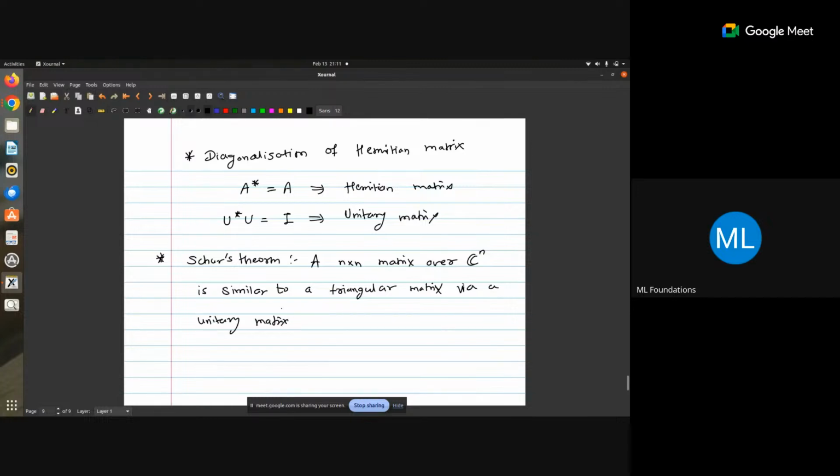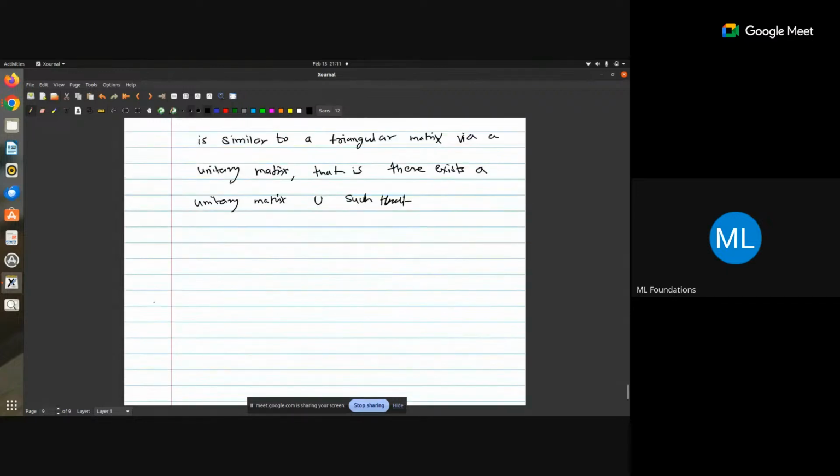I'll write down the definition first, and then we'll discuss it. There exists a unitary matrix U such that U star A U equals T, where T is an upper triangular matrix. What does that mean?